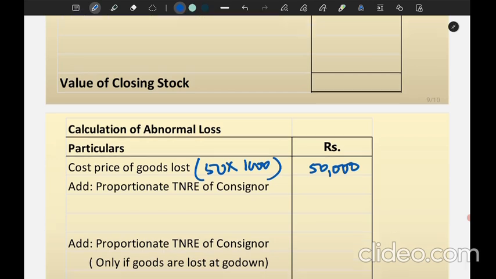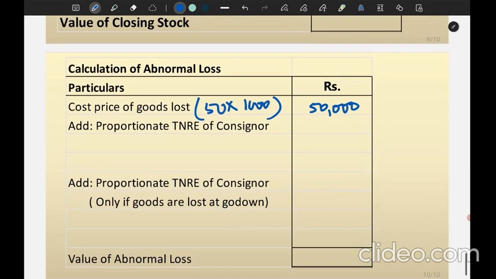Next. What are the proportionate non-recurring expenses of the consignor? Now, as the goods are lost in transit, we will not have the consignee's, so just put a dash here. Now, proportionate expenses of the consignor: total 30,000 has been spent.